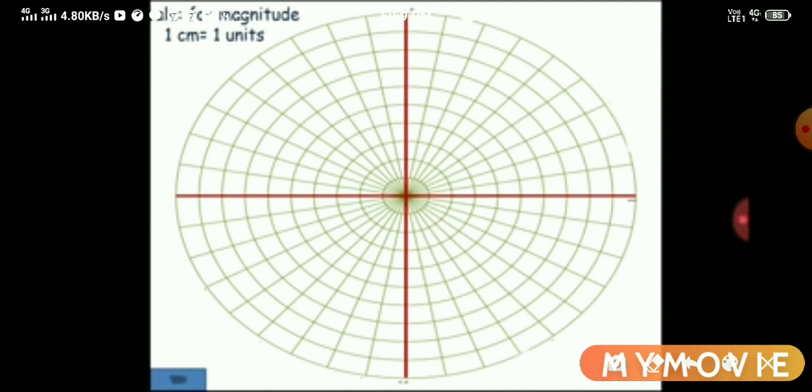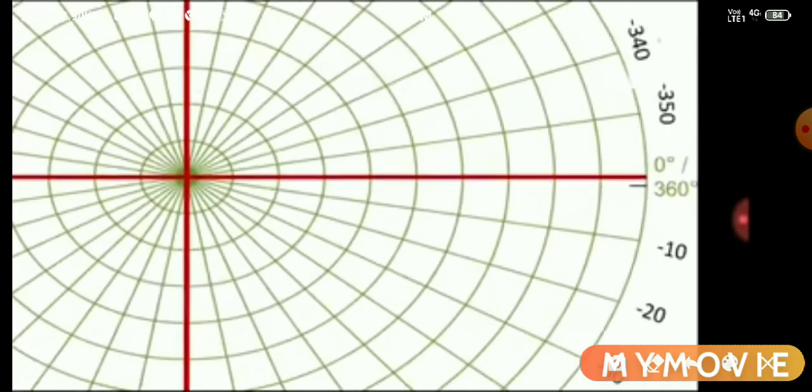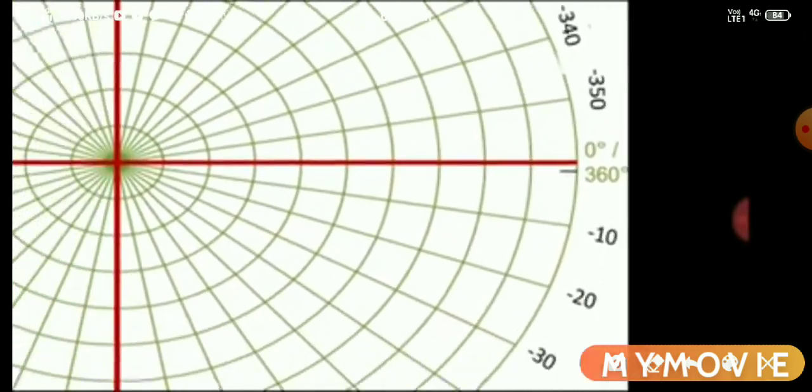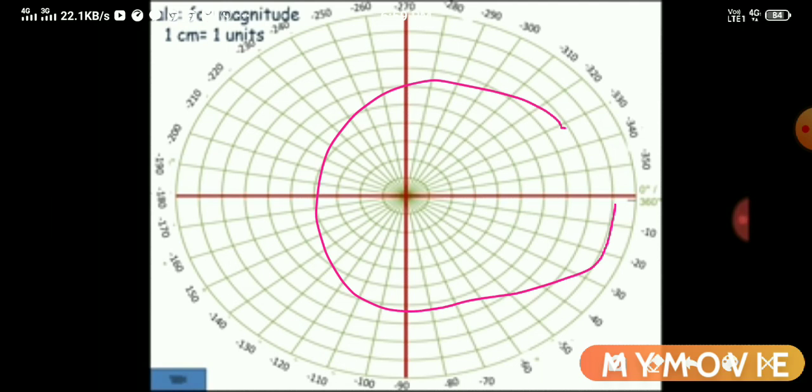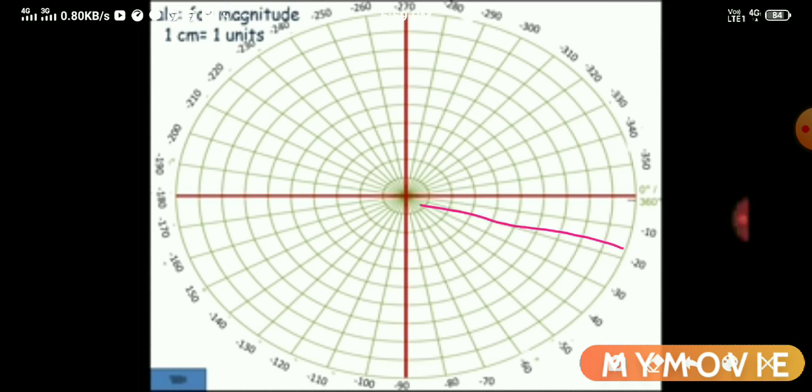So this is a polar plane. It starts from 0, then at the bottom it becomes minus 90, minus 180, minus 270. Now here also we have some values.